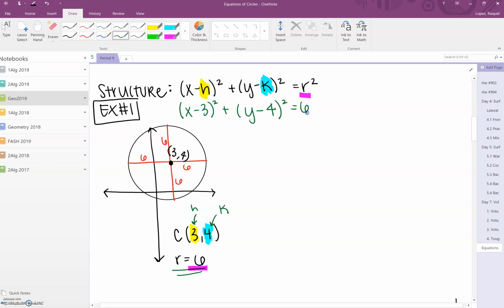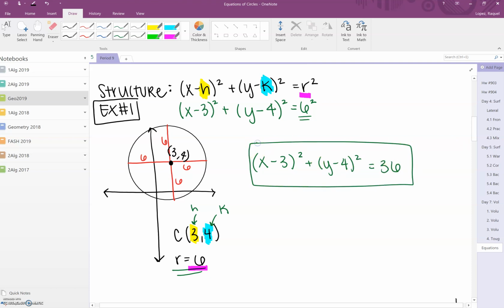The structure says the radius is squared, so I really have 6 squared. Now we can simplify, and really the only thing I can simplify in here is 6 squared. So I have (x minus 3) squared plus (y minus 4) squared equals 36. And this is my equation for this circle.